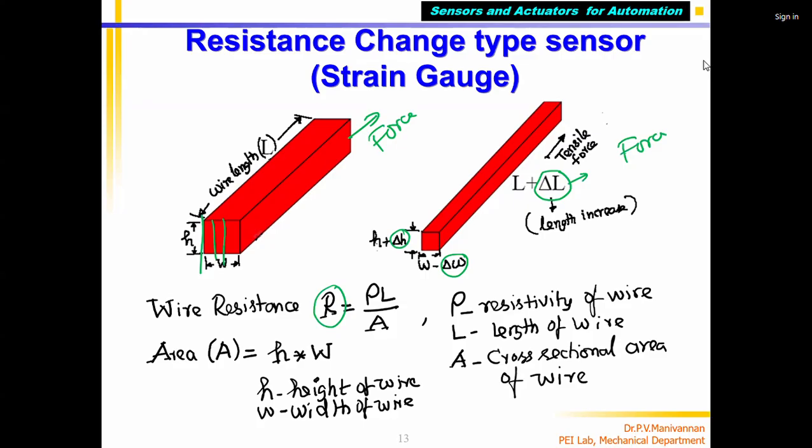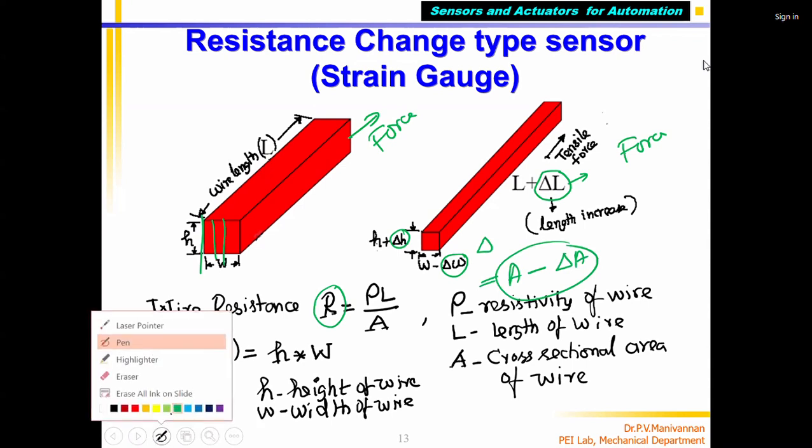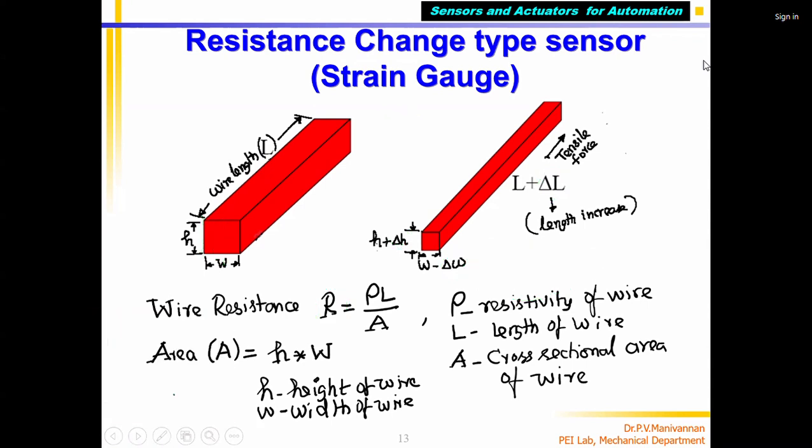Strain is nothing but the change in dimension. The original wire dimension has changed. Length increased by delta L. The cross-sectional area reduced, I say A minus delta A is the new A, correct? So it is reduced. That's why we call this a strain gauge, correct? Gauge means a measuring device, we already know, correct? What is it measuring? The amount of force applied, if I am able to measure the change in resistance.